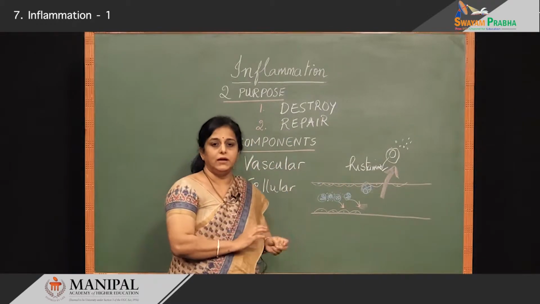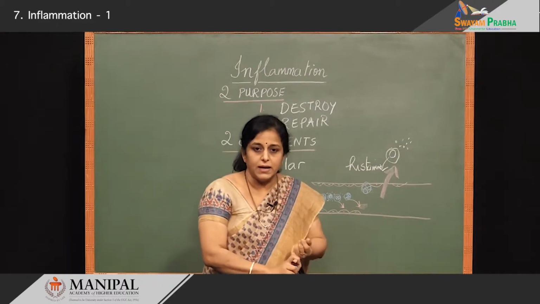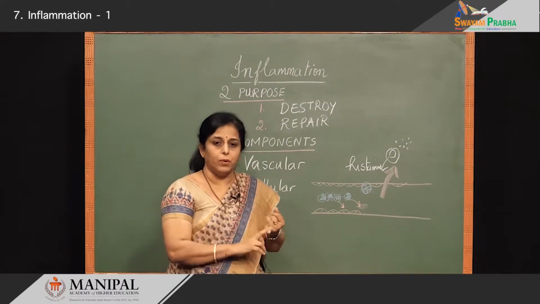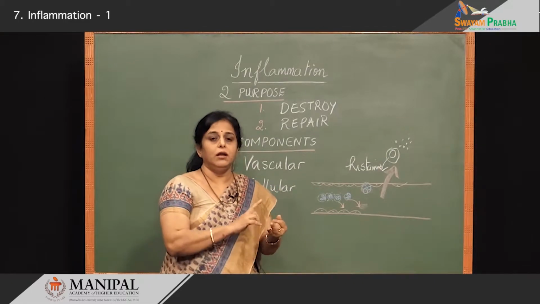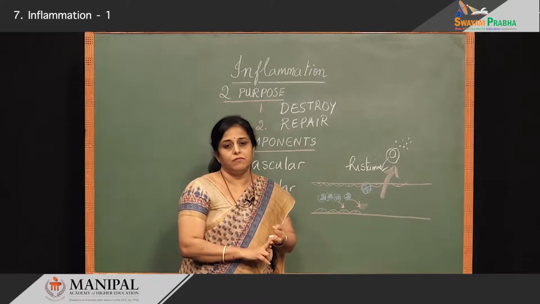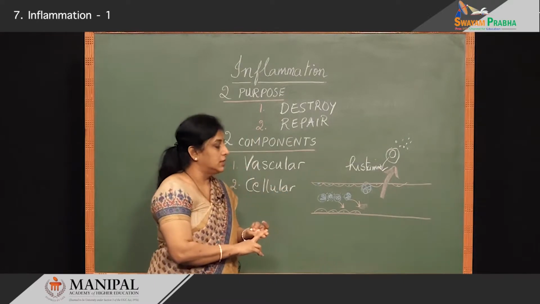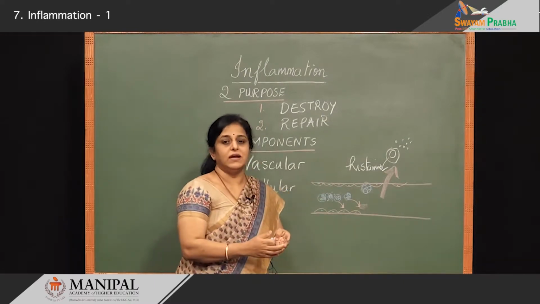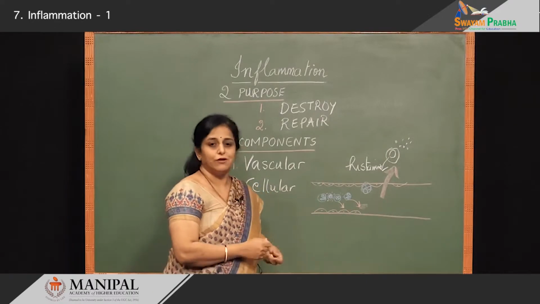Now, so this is what we learnt in the last class. So, to summarize the vascular events, we learned number one is vasodilatation, number two is increased vascular permeability, number three is stasis. So, all these are contributing to the cellular events that are going to follow in case of inflammation.